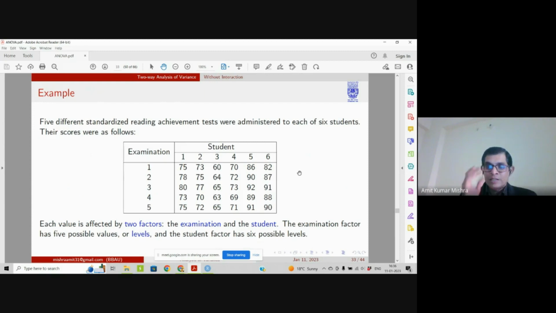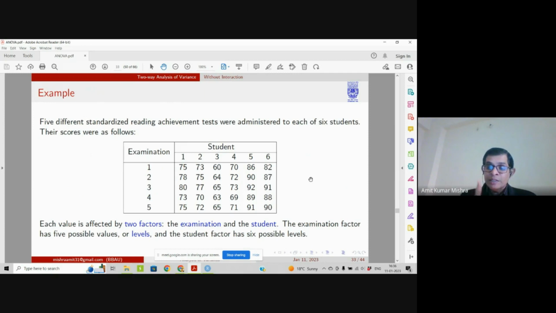So these are the marks. Now you can easily understand that the output, that means the score, will depend upon the student, which student is writing the exam, and it will also depend upon the quality of the examination. That means whether the examination contains hard questions or easy questions or average questions, it also depends upon that. So there are 2 factors now.